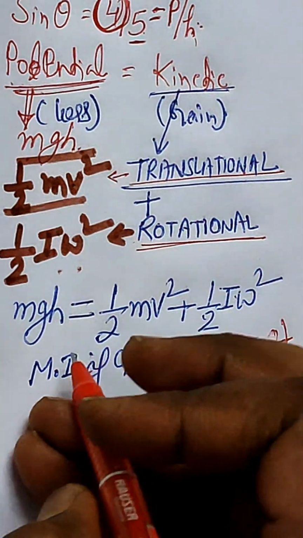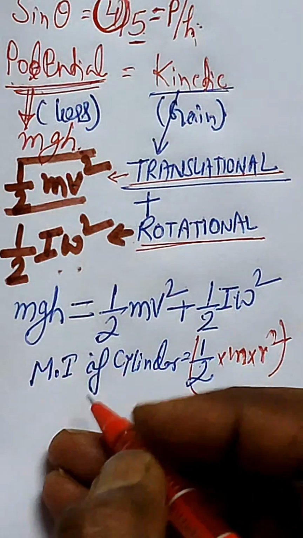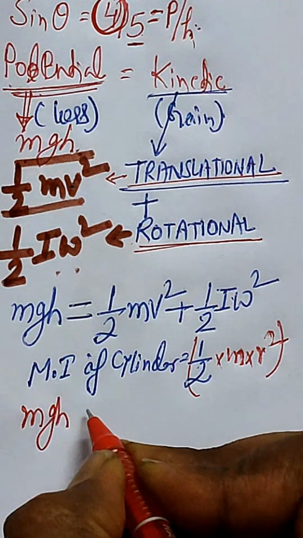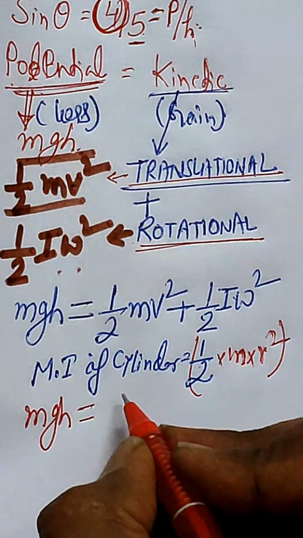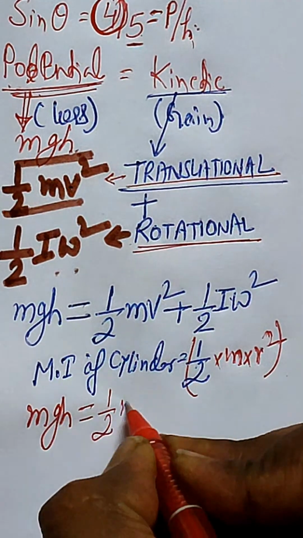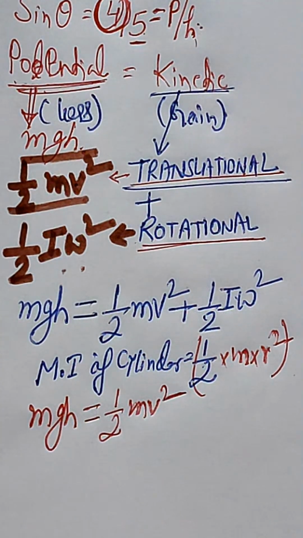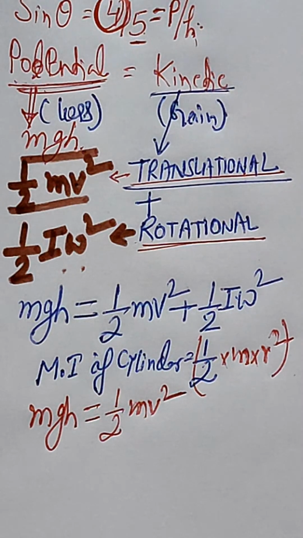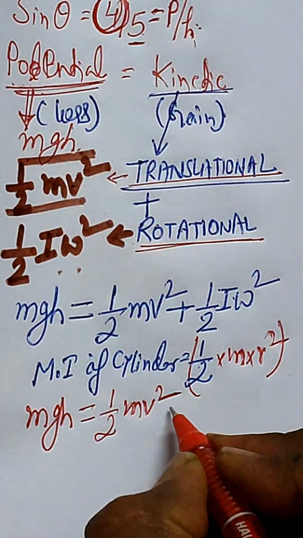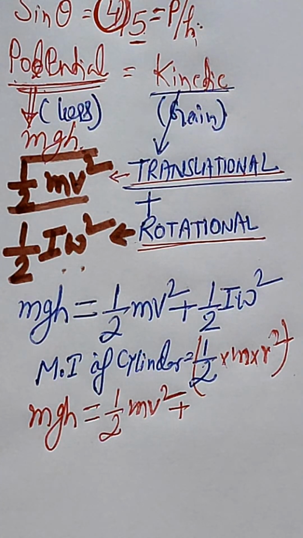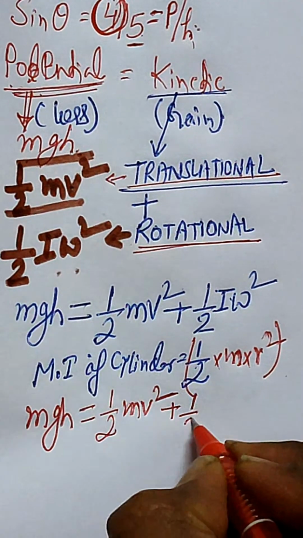Now here you can see, when you put up the value, mgh will be on the LHS, and on the RHS we have half mv square, right? And we have the third term, half I omega square. So just put up the value of half I omega square.